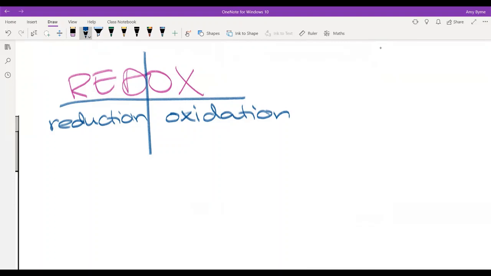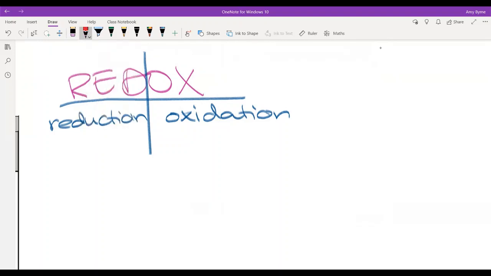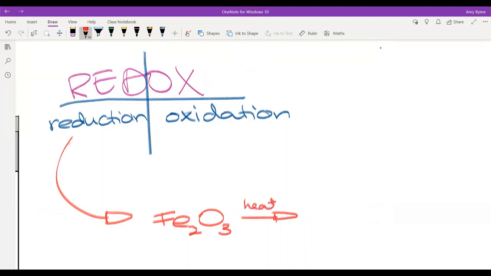In order to understand where these terms come from, it's probably easiest to go back to where we first started thinking about these types of reactions. One of the first redox processes that was understood at any quantifiable level was when we took iron ore, so iron oxide, and we heated it, and we formed iron and oxygen.